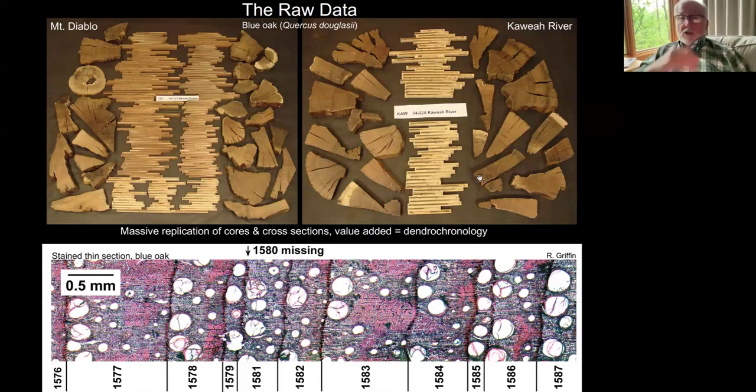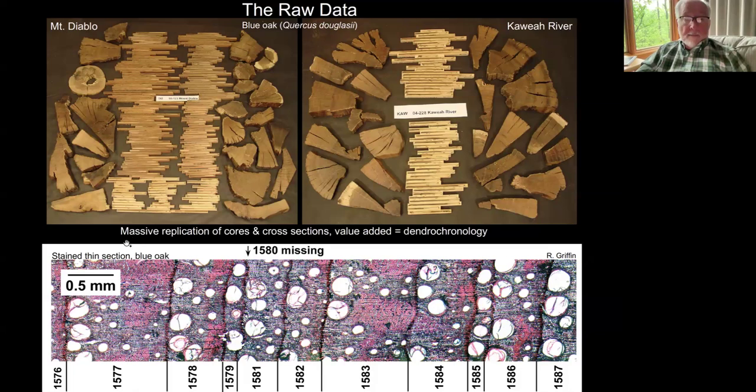And here's another collection from the Kaweah River, which flows out of Giant Sequoia National Park. All of these samples go into one chronology. I showed you that previous map that had 2,000 chronologies on it. So we're talking thousands of trees being used to make these tree ring chronologies and to reconstruct climate.